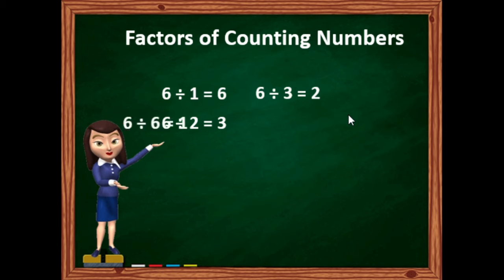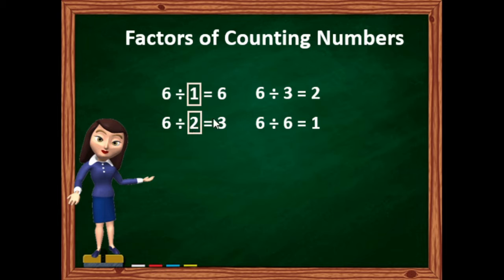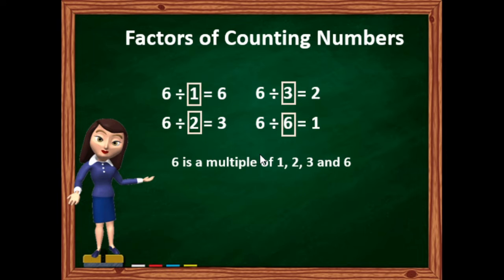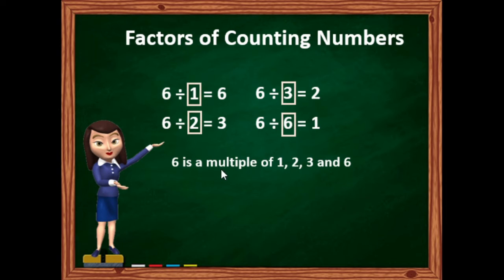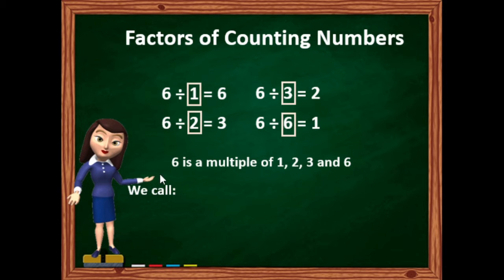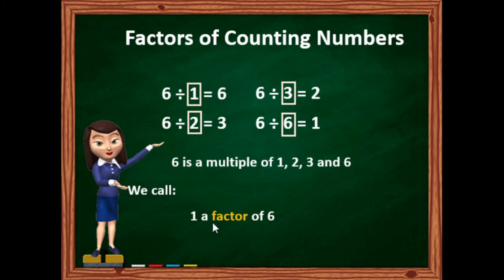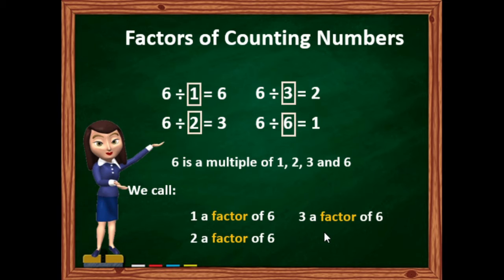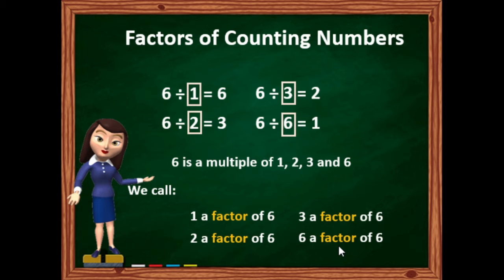Examples are the following: 1, 2, 3, and 6. These are examples of factors. 6 is a multiple of 1, 2, 3, and 6, and we call them 1, a factor of 6, 2, a factor of 6, 3, a factor of 6, and 6, a factor of 6.